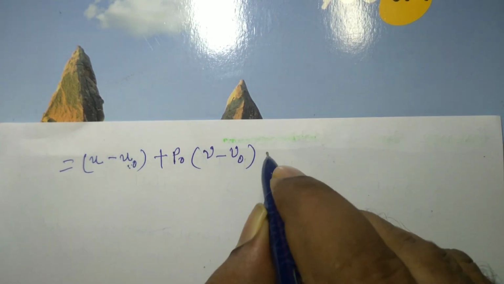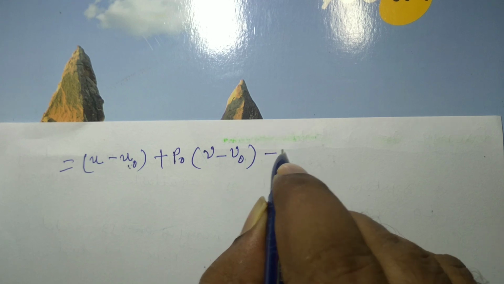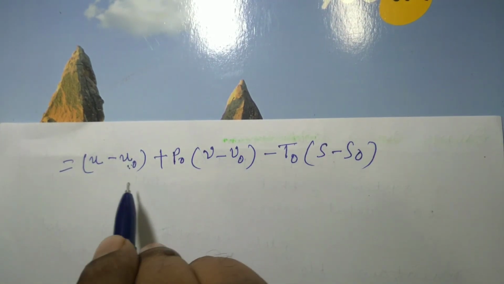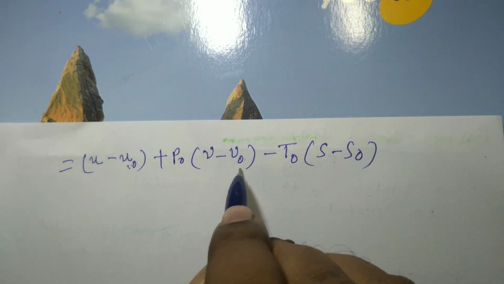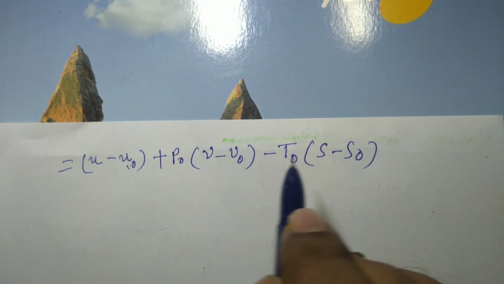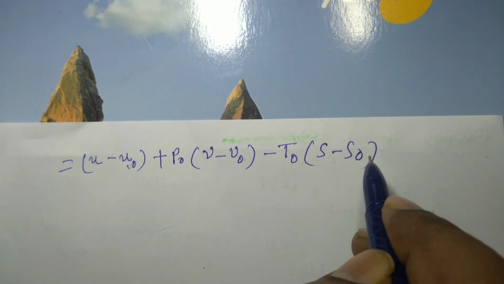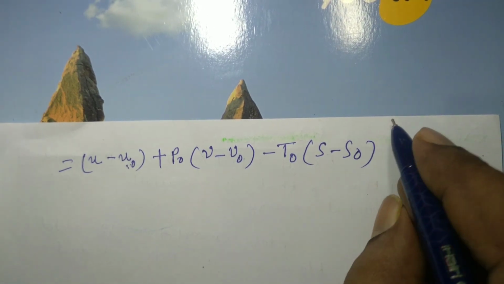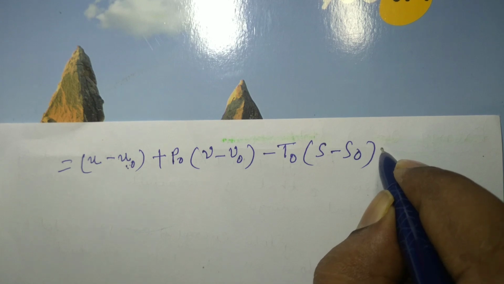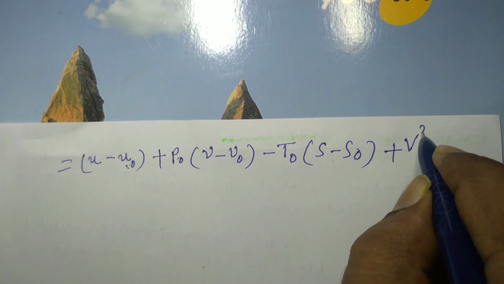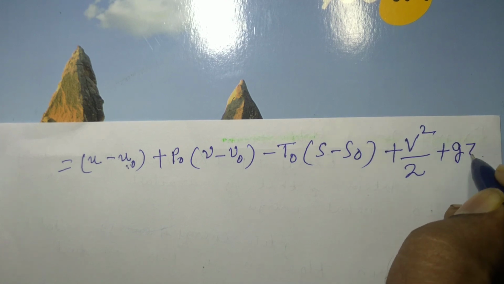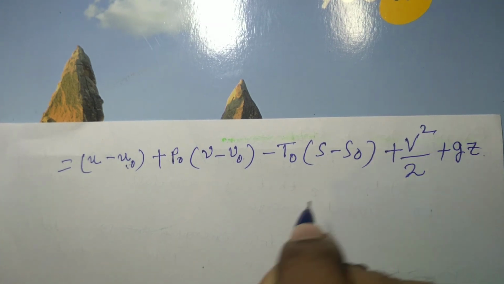This expression we have already derived, minus T0 times s minus s0, and all these properties with 0 subscript refer to those of dead state. Dead state means when the system comes in equilibrium with the surroundings, plus of course kinetic energy and potential energy here are not neglected, they are taken into account.